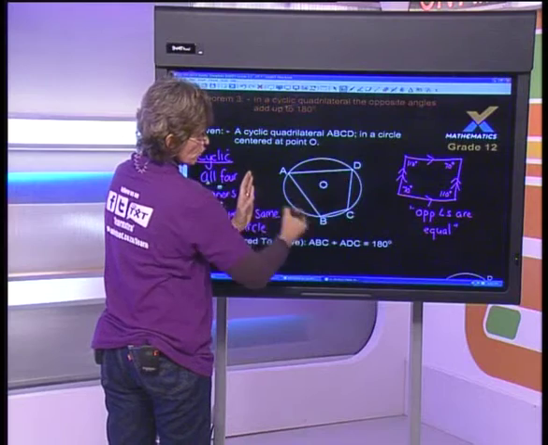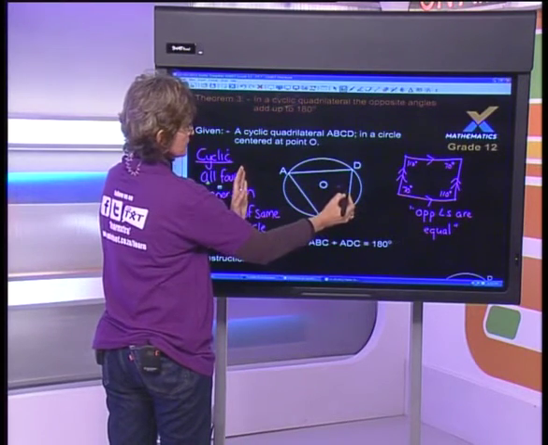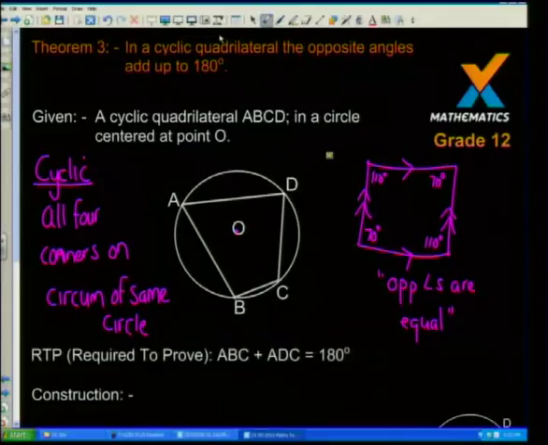It's drawn with all 4 points on the circumference, and we've got a center at O. We want to prove that A and C add up to 180, or alternatively, angle ABC, which is this angle, and this angle, we want to prove that those two angles add up to 180.